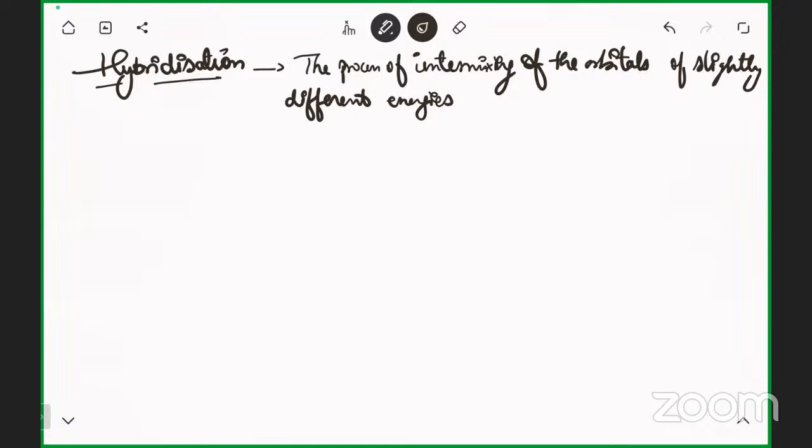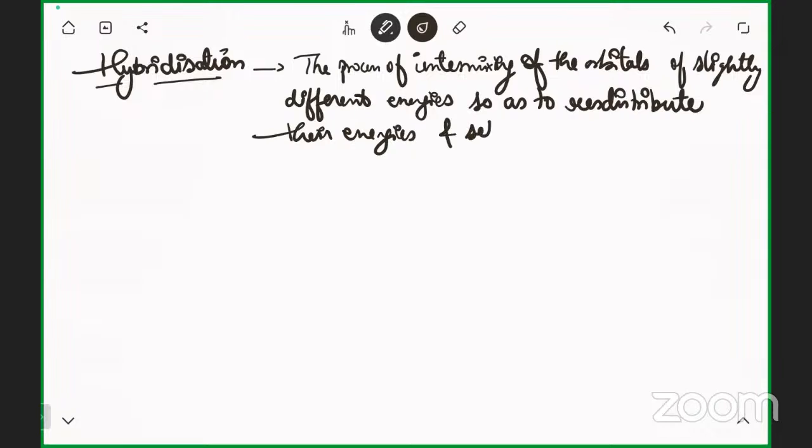So the process of intermixing of orbitals of slightly different energies, so as to redistribute their energies and set new orbitals of equivalent energy.